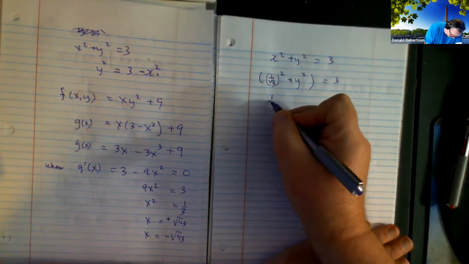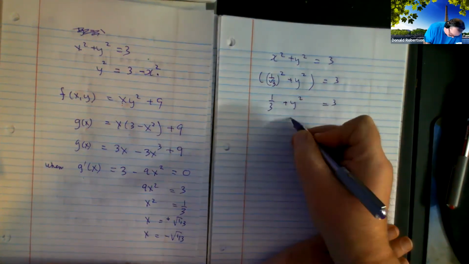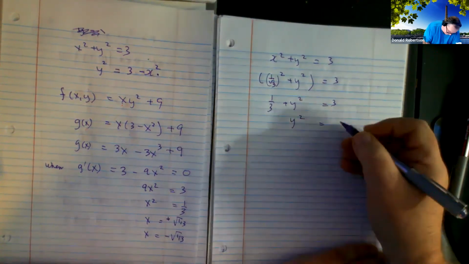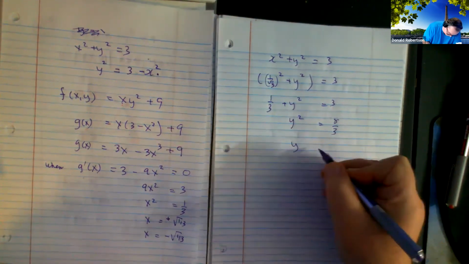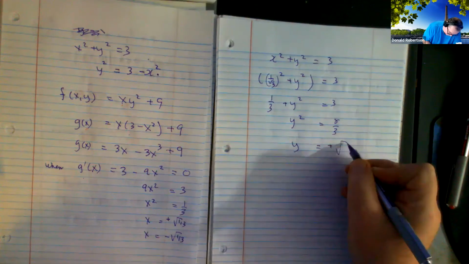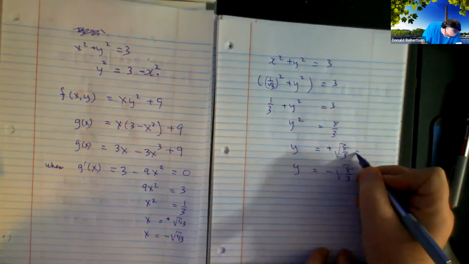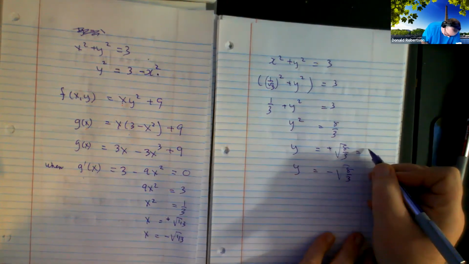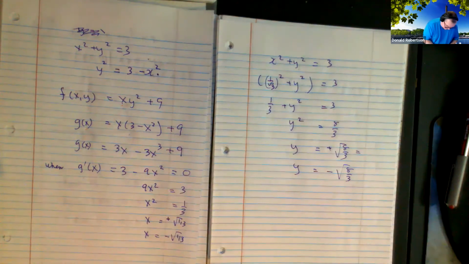So that's 1/3 plus y squared equals 3. So that makes y squared 8/3. And that makes y equal plus the square root of 8/3, and y equals negative the square root of 8/3. Which I'm now going to call, God, there's no way of making that pretty. Oh, let's just leave it alone. We're going to calculate it in a minute anyway.